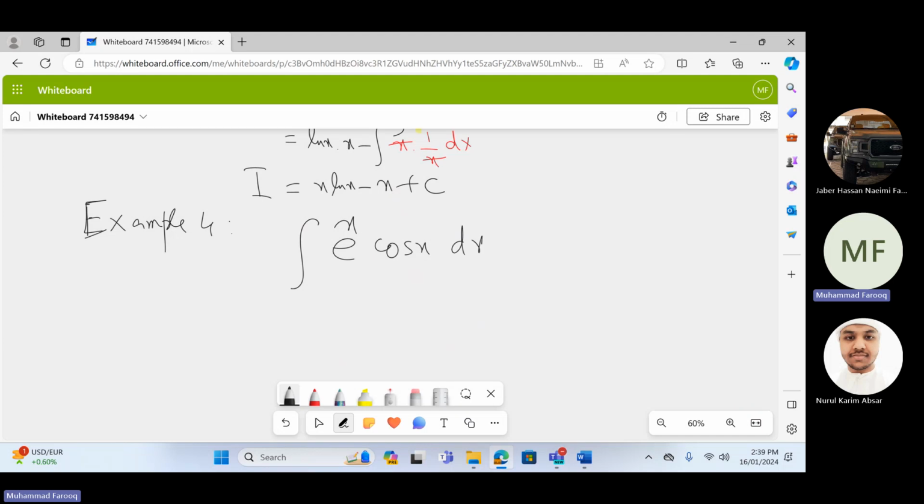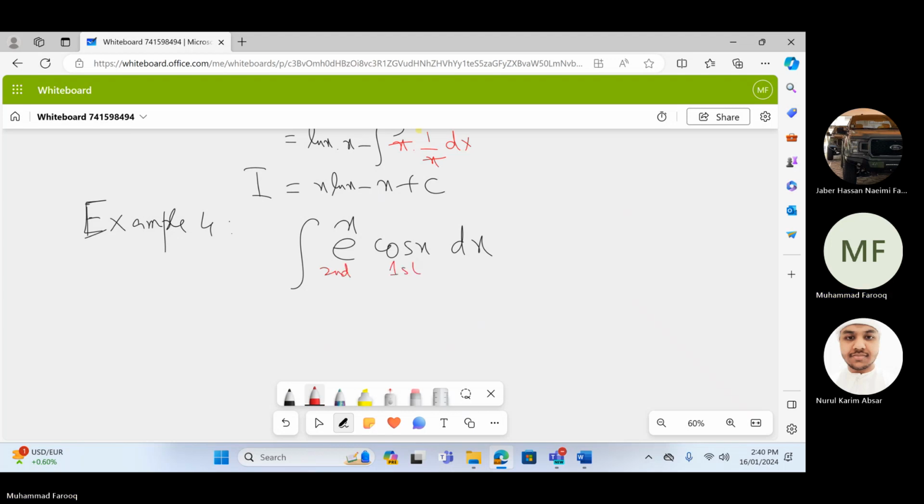Now, this is the question, and you can see here we have two different functions. One of them is exponential, the other is trigonometric. We decided already exponential is always last, second, because in the ILATE statement, E is at the end. So this is your first function, this is your second.